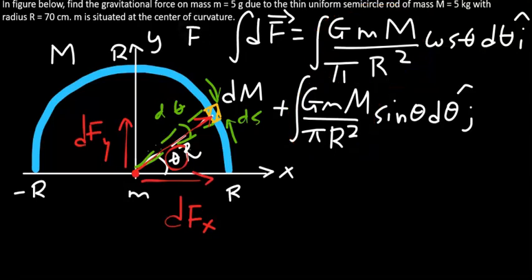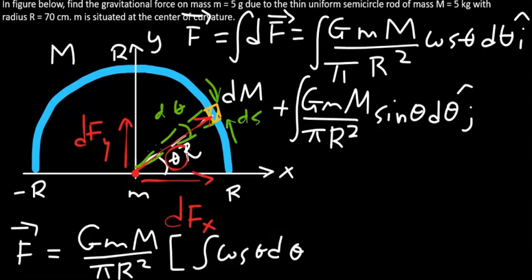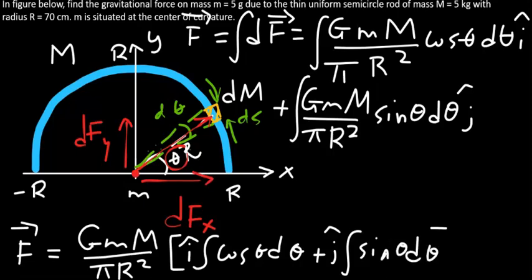So the total force, which we can label as F, can be written like this: G m M over pi r squared, times the first integral of cosine theta d theta i hat, which is the x component, plus the y component, j hat, integral of sine theta d theta.